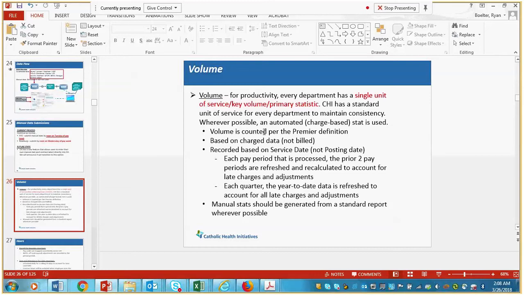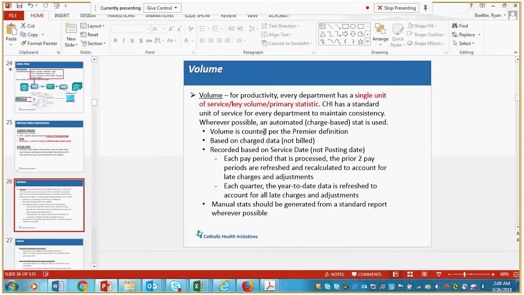So that's not any different than what it was in Visionware, but as far as service dates, just keep in mind that we only count things within a 6-week window for each pay period. We're only counting charges within a 6-week period. So anything that falls outside of that 6-week window, we'll catch that up on a quarterly basis.